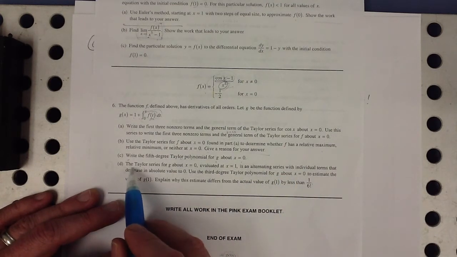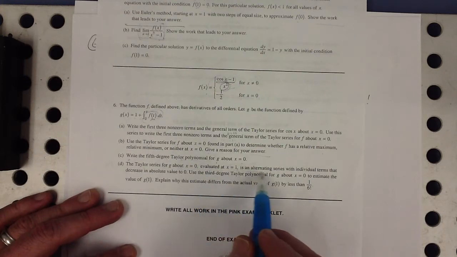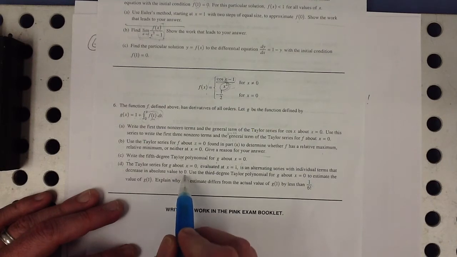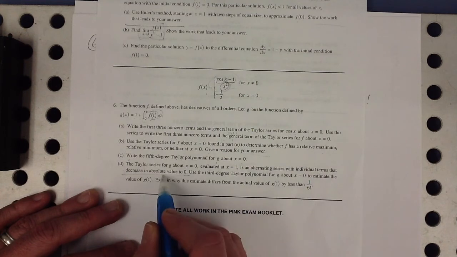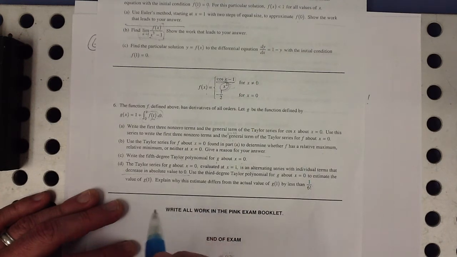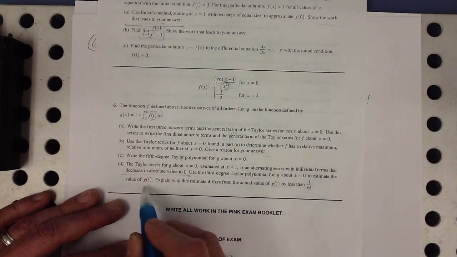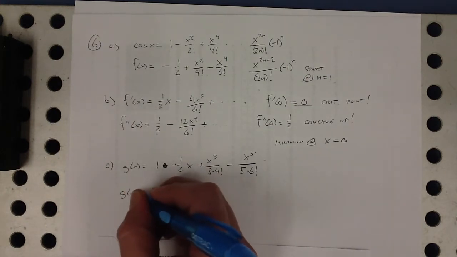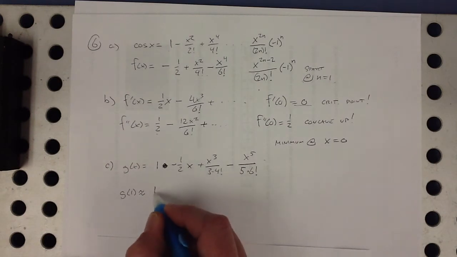And then in part D, the Taylor series for g, when evaluated at x equals 1, is an alternating series with individual terms that decrease in absolute value to 0. Why are they saying that? That's the information you need to know to guarantee that the error bound is the next term. So they want us to use the 3rd degree version to estimate g of 1. So g of 1 is approximately equal to its 3rd degree approximation.